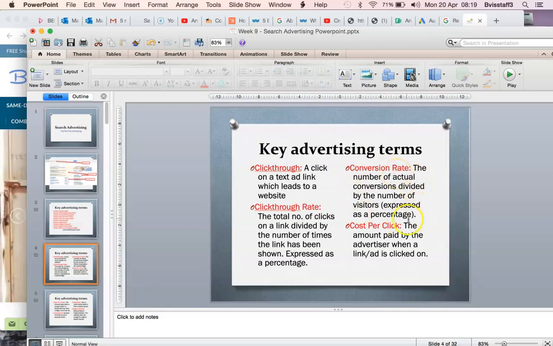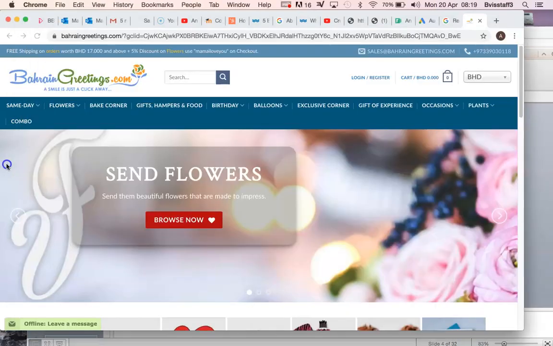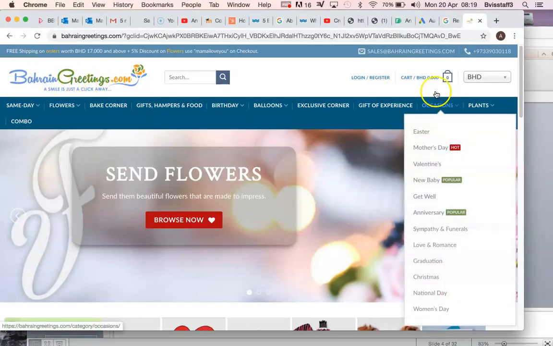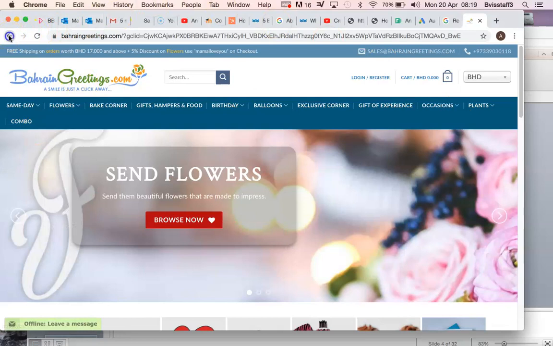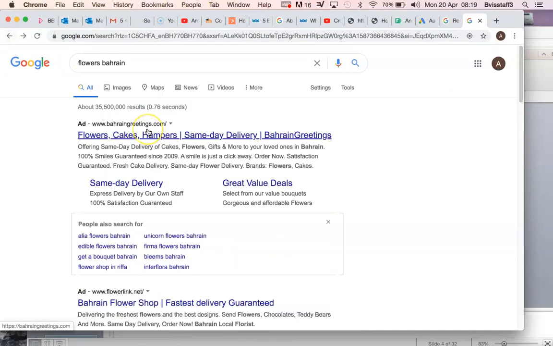So, and then finally, the cost per click. The cost per click is the amount paid by the advertiser when a link ad is clicked on. Again, quite simple, and I'll show you the example of this. So I am the new flower shop, Anthony Friel's Flowers, we'll call them, and they have appeared here. My ad appears here.